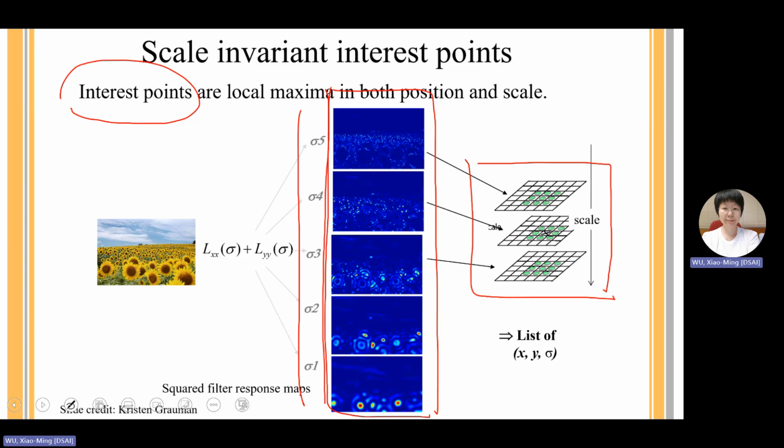Each cube, for each plane, has 9 pixels. We slide this cube across the 5 maps, and if the current pixel is bigger than its neighboring 8 pixels and bigger than the above 9 pixels and the below 9 pixels, then this is the interest point, because it's the local maxima.